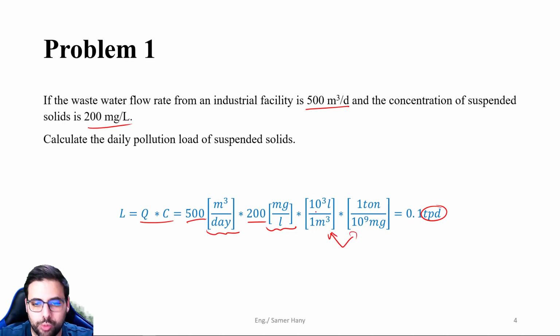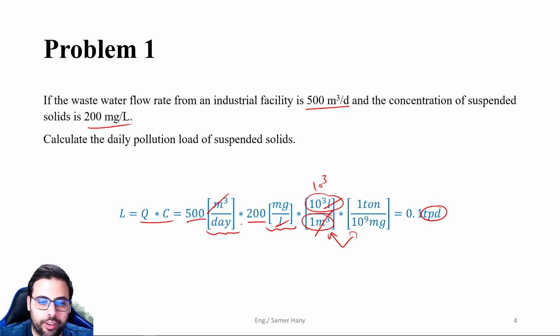Those two conversions, one from liter to meter cubed, or the reverse. So 1,000 liters is equivalent to 1 meter cubed. The meter cubed from here will be cancelled out with this meter cubed, and liter will be cancelled out with liter, and we're left here with only the number 10 power 3.